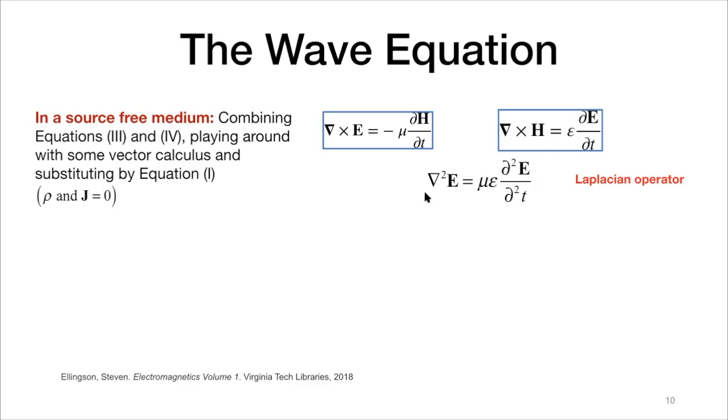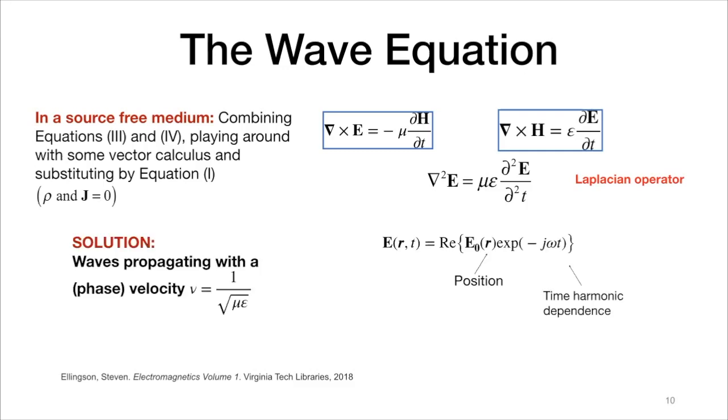And actually, this is valid for a source-free medium where we set rho, the free charge, and J, the free current, equal to 0. After doing that, we reach this wave equation whose solution is well known, and it gives us the harmonic dependence of the field with time.